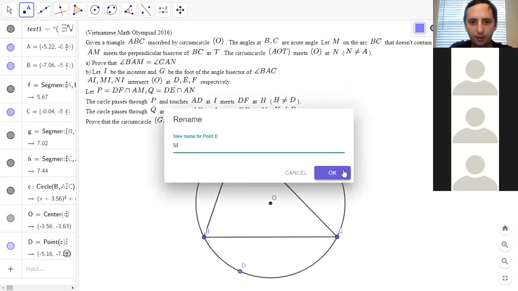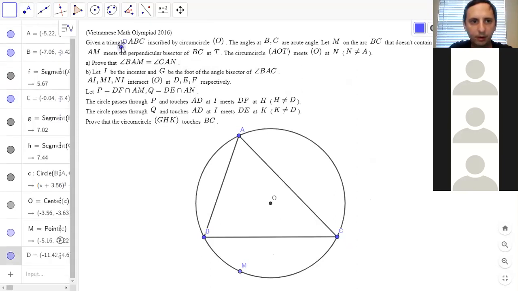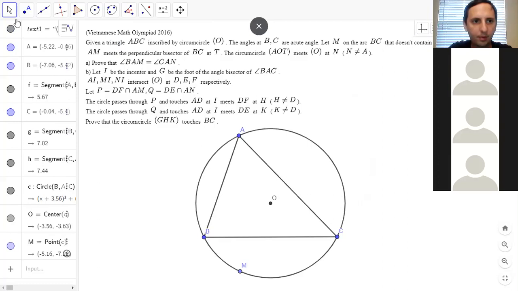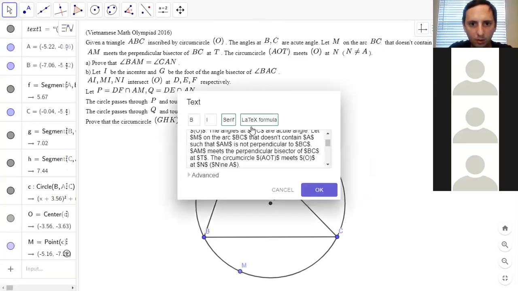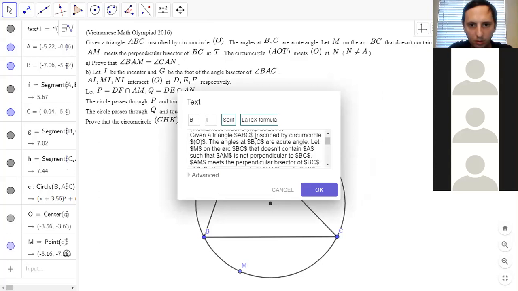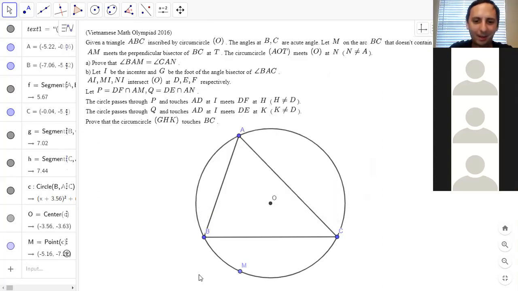I think it was AM isn't perpendicular to BC. Is that right? This almost looks like AM is perpendicular to BC, so I'll move it a little bit.